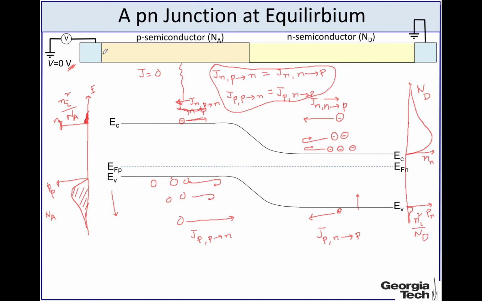Now the description that we have given here is actually very simple, and there is not much insight that you can gain from this discussion, but it will be important when we discuss the current that flows in the p-n junction when you apply a voltage across it, and this helps us understand the difference between the forward bias and the reverse bias.